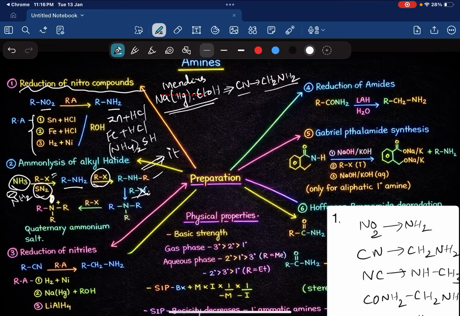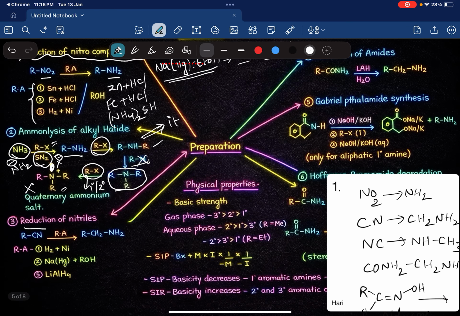In this case the tertiary amine with RX is used to get the quaternary ammonium salt. In the place of R, either primary or secondary alkyl halide should be used to get the quaternary ammonium salt. If you use a tertiary alkyl halide, that is not going to give this reaction.